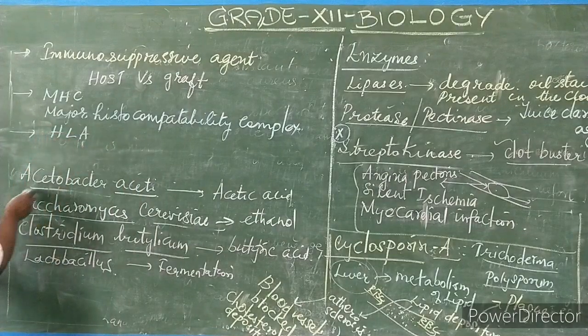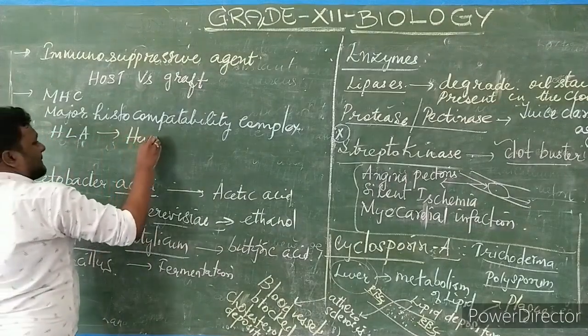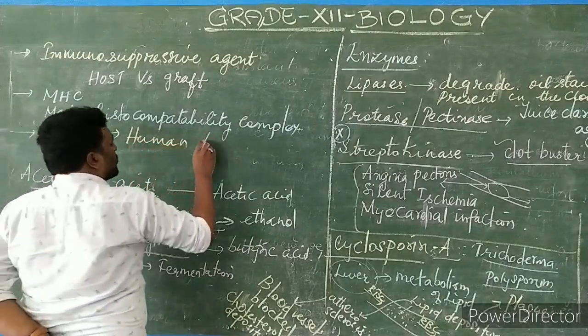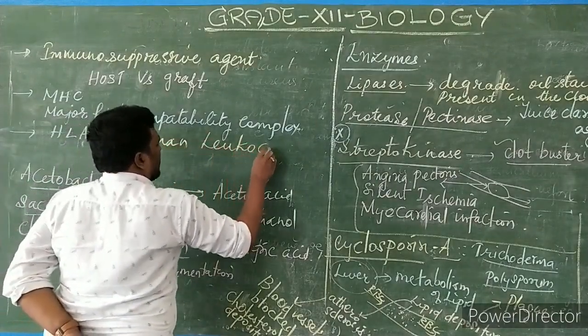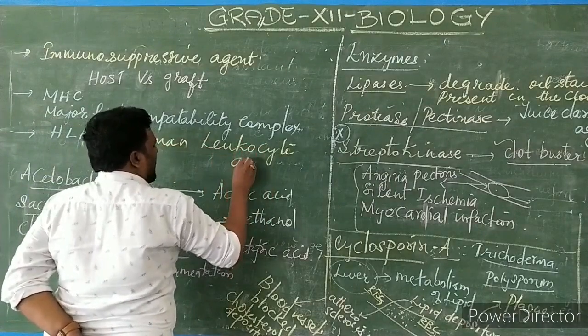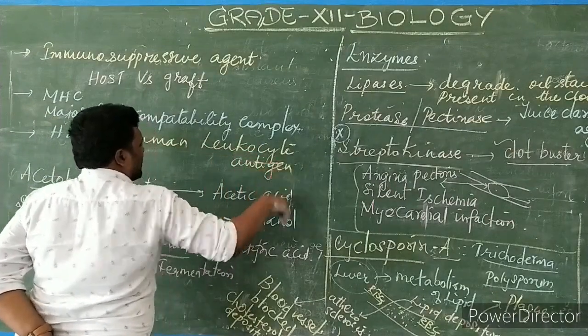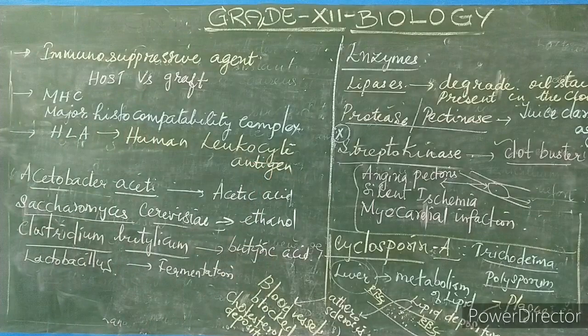What is HLA called? Human leukocyte antigen. So what is this immunosuppressive agent?